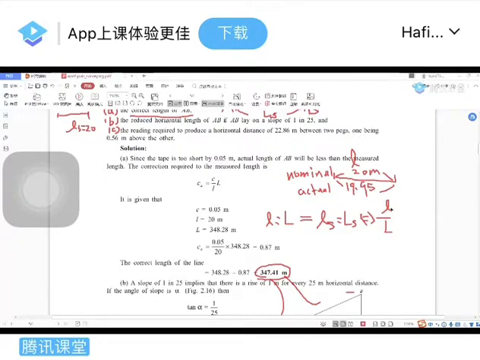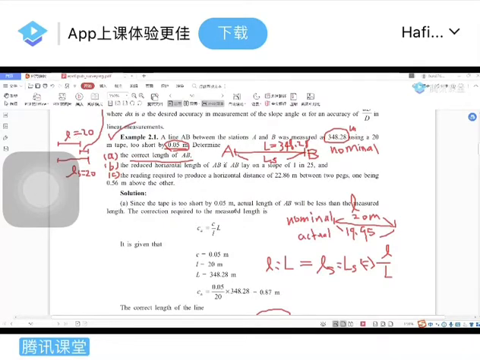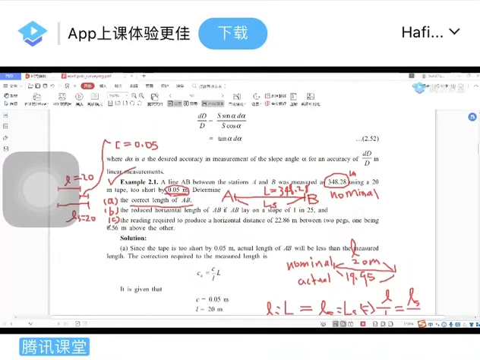My measured error here is 20, and I'll get this error 348.2 over here. They are equal based on this. LOS I already know.